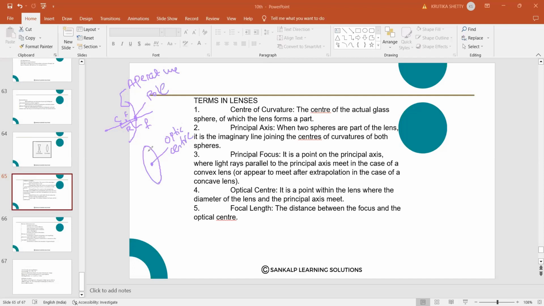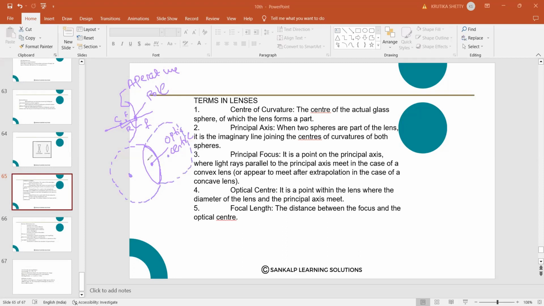Similarly, in the case of a lens, look here, this is one curved surface. With respect to this I can extend it and get one circle. I can extend this also, so this is one more circle.